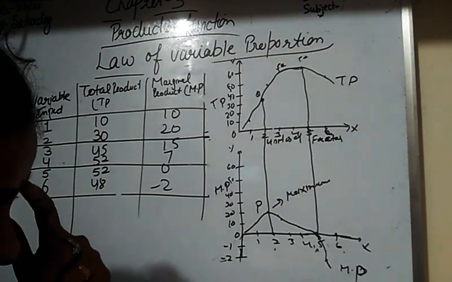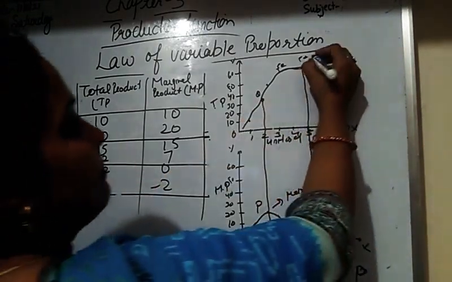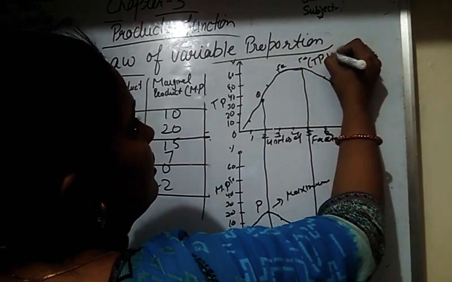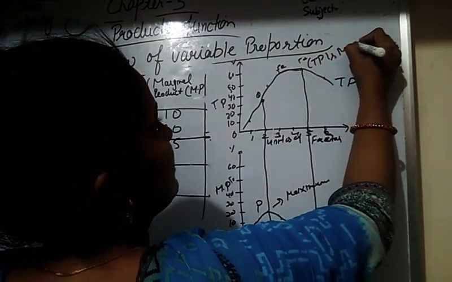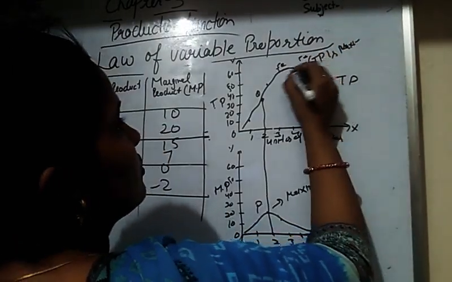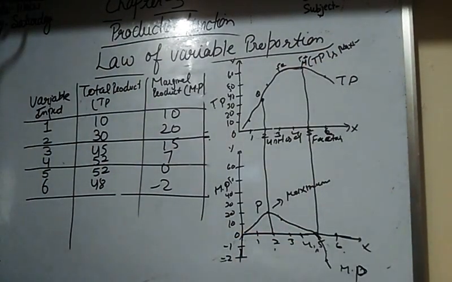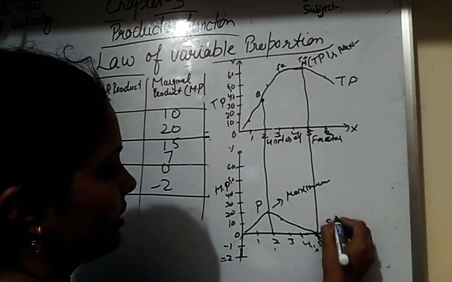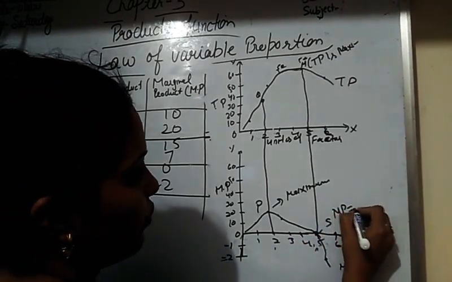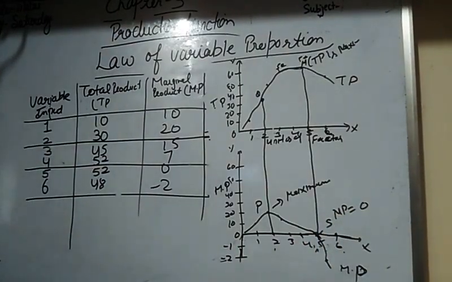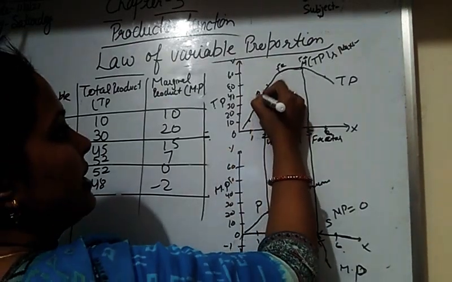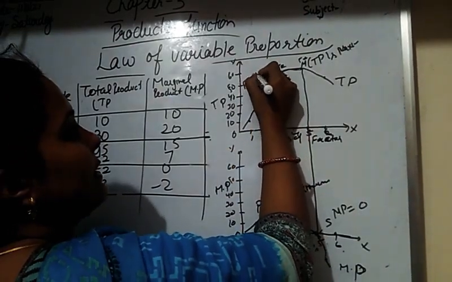Okay students, so at this stage TP is maximum, so this point is M. And at S point MP is equal to 0. This is called the point of inflection.